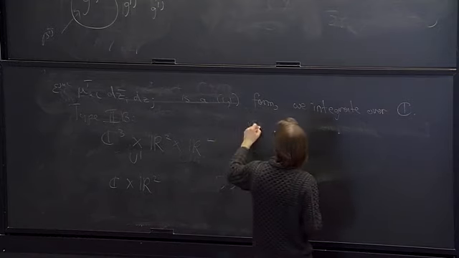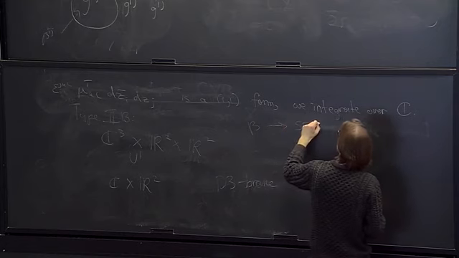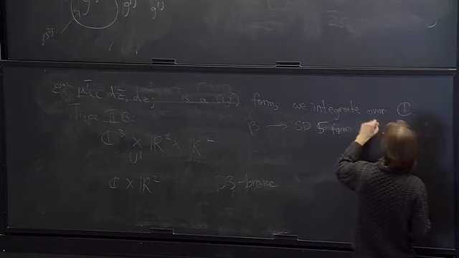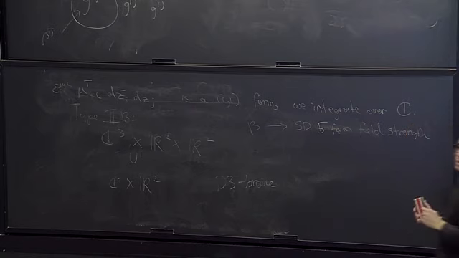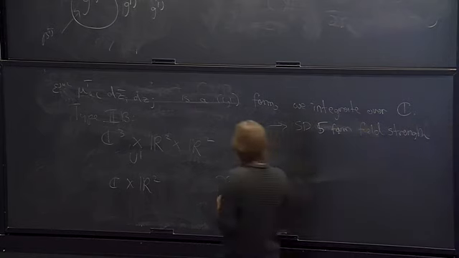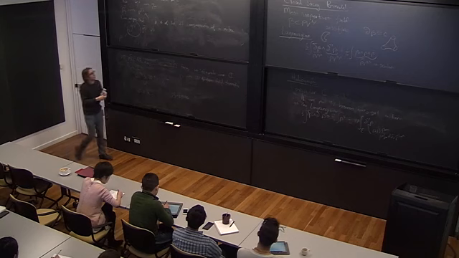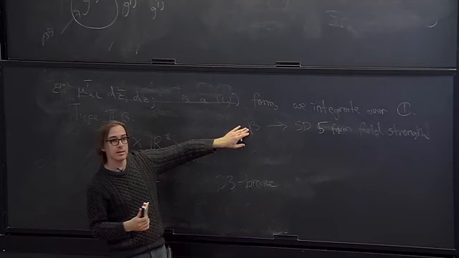And beta becomes the self-dual 3-form field strength. Now, when we couple a D3 brane, what we do is we integrate the Ramond-Ramond 4-form over the world volume of that brane, while the Ramond-Ramond 4-form, d of it is this guy.